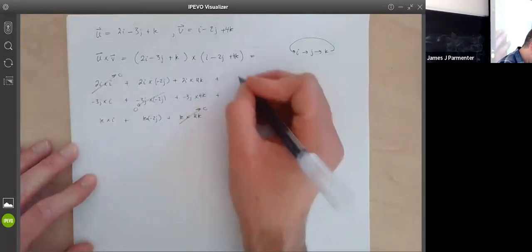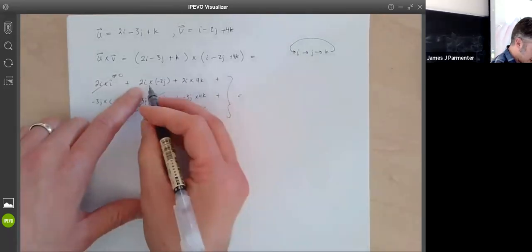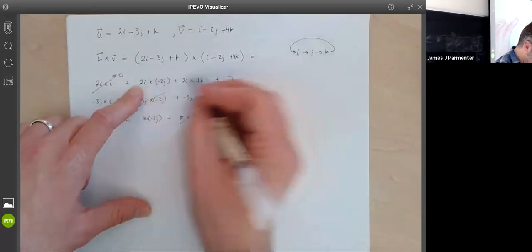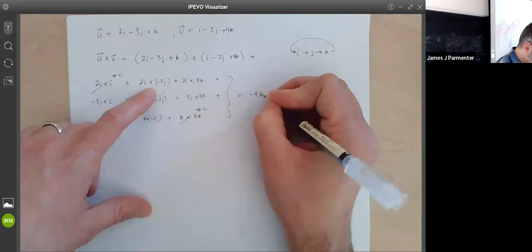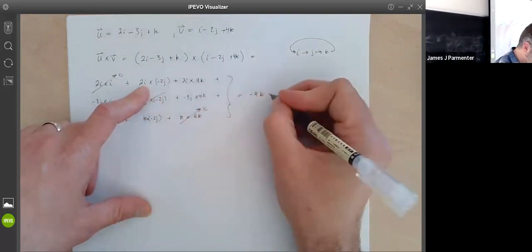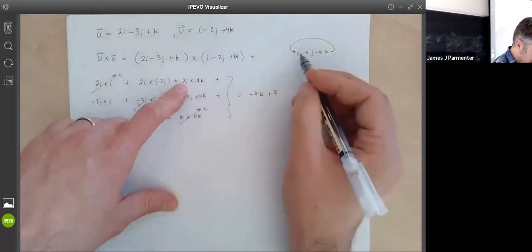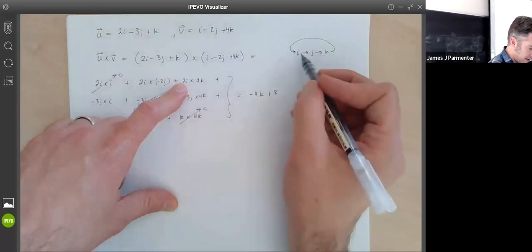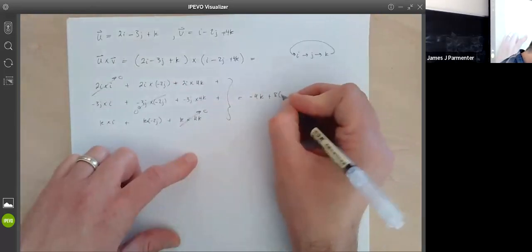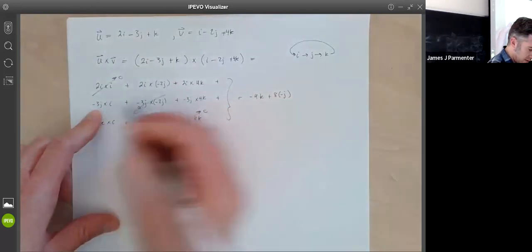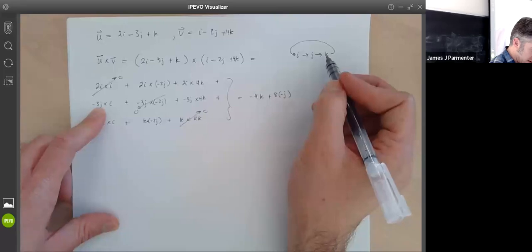So doing this, we end up getting, let's see, negative 4 i cross j, which is k, and then 2 times 4, so 8 i cross k. Oh, i cross k is the wrong direction. i cross k is going to give me negative j. And then j cross i, also the backwards direction, is going to give me negative k.